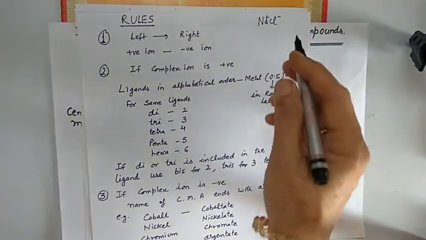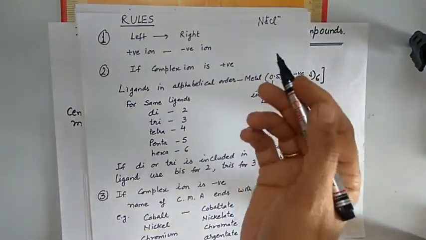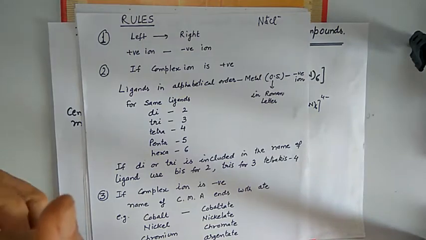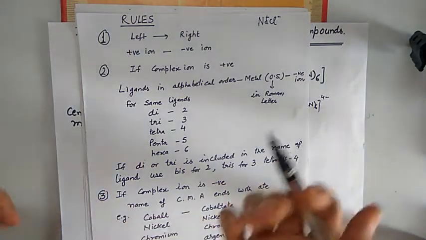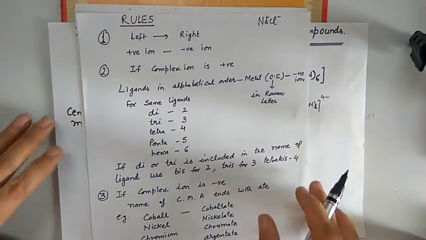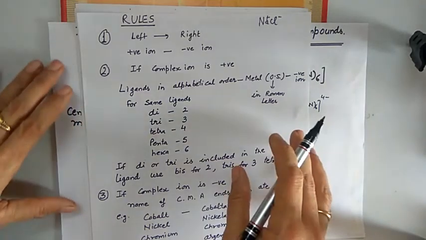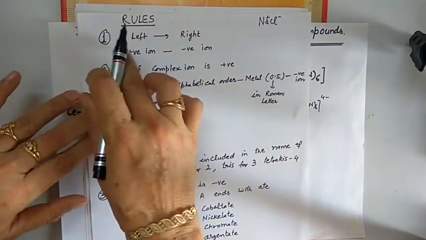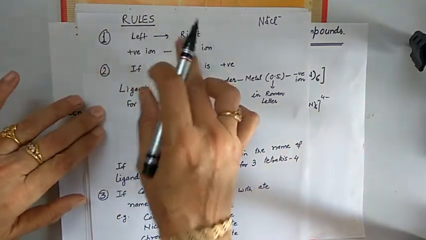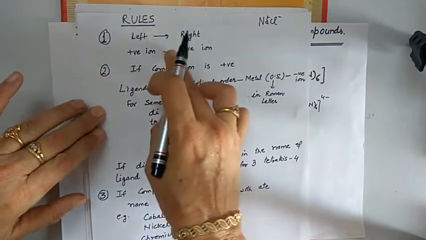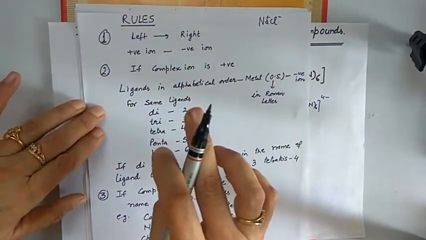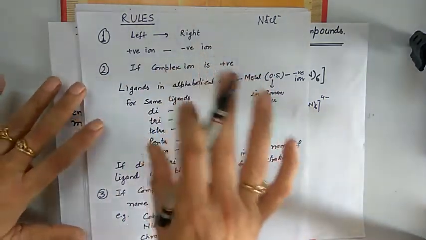While writing the formula or the name, we always write the name of the positive ion, then the negative ion. So in coordination compounds, again, while writing the names, we go from left to right, positive ion, then negative ion. The first point is this.